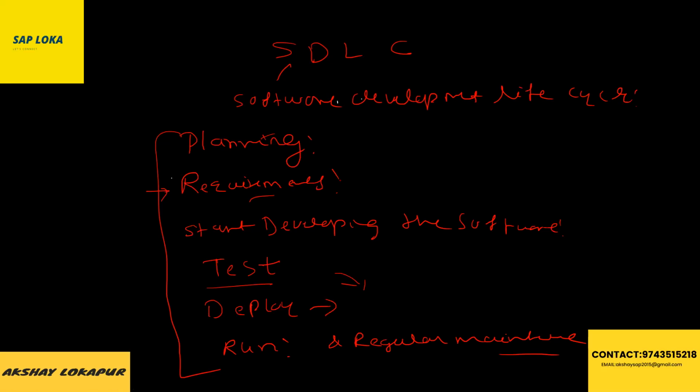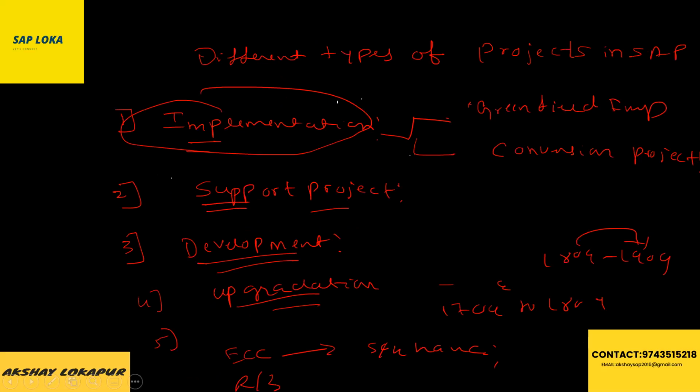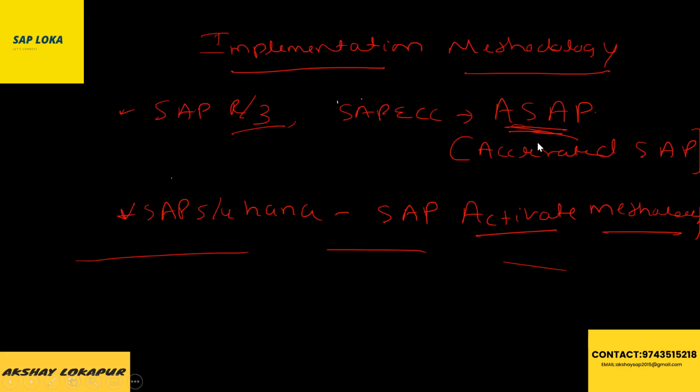But in S4 HANA and in ECC, how will the process be? How are we going to exactly implement SAP? What kind of steps are required? How is it different between the ASAP methodology and the Activate methodology? What is the difference between these two? Earlier, what they used to do, and now what we are doing, how we are implementing S4 HANA.